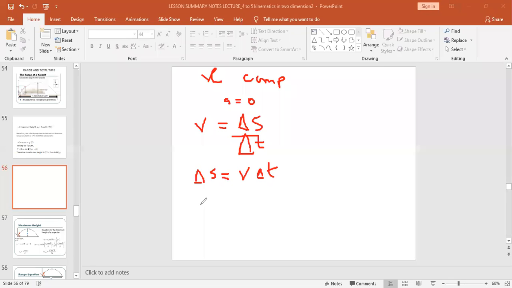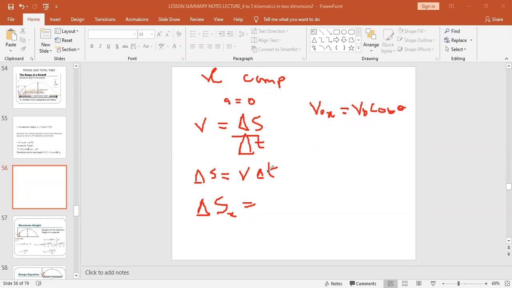The range is your change in displacement in the X direction, and the velocity in the X direction, if you remember, is V naught X, which is V naught cos theta.